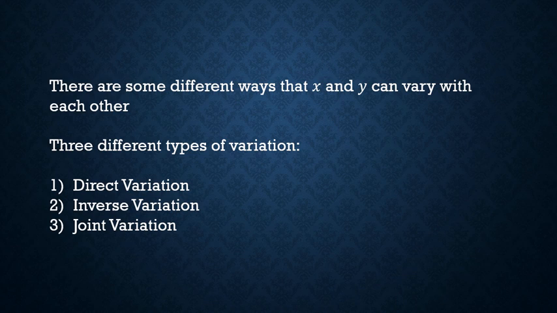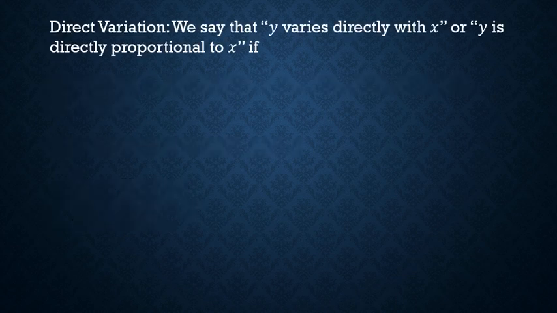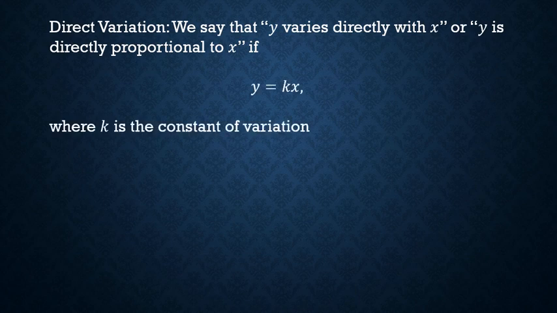So let's just get right into what each of these three types of variations are saying. For direct variation, we say that y varies directly with x, or y is directly proportional to x if y is equal to k times x, where k is the constant of variation.